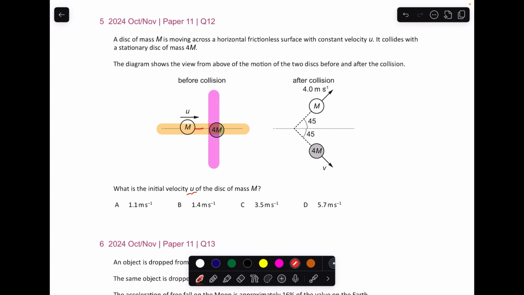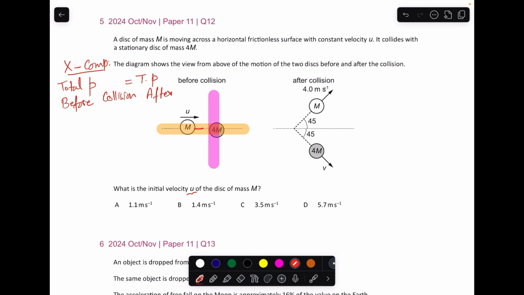So what we have to do: if you see here, this thing is moving like this in that direction. So we can say the total momentum before collision, we're talking about x components, must be equal to the total momentum after.